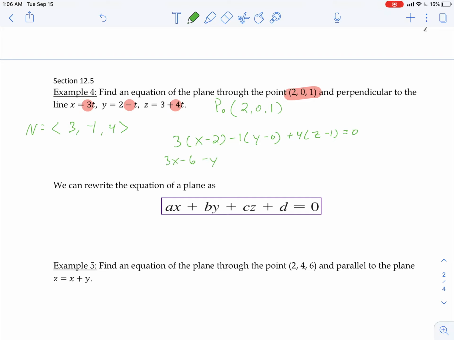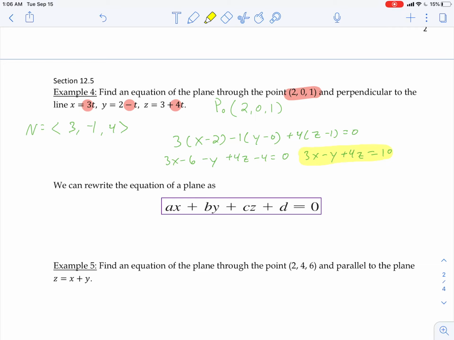We get 3x minus 6 minus y plus 4z minus 4 equals 0. Then I'll put all my variables on one side and my constant on the right. So I have 3x minus y plus 4z equals negative 6 minus 4, which is negative 10. Take it to the other side, it becomes plus 10, and we have our equation for the plane.